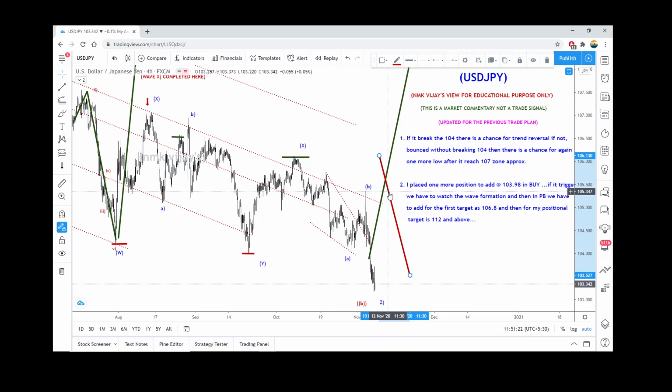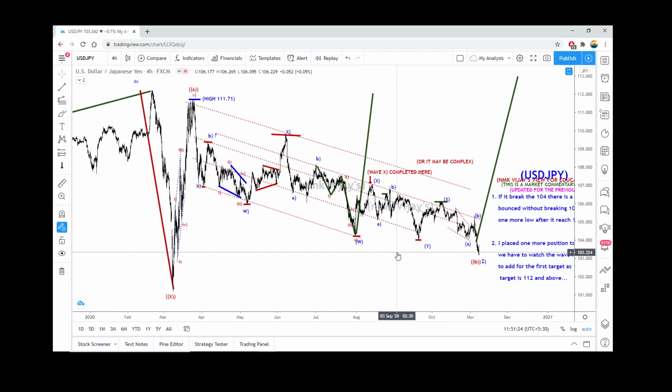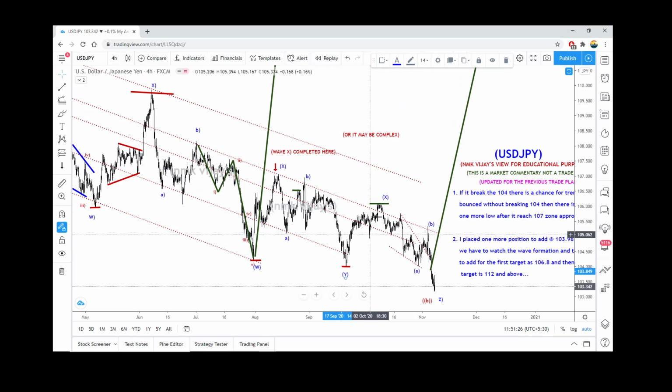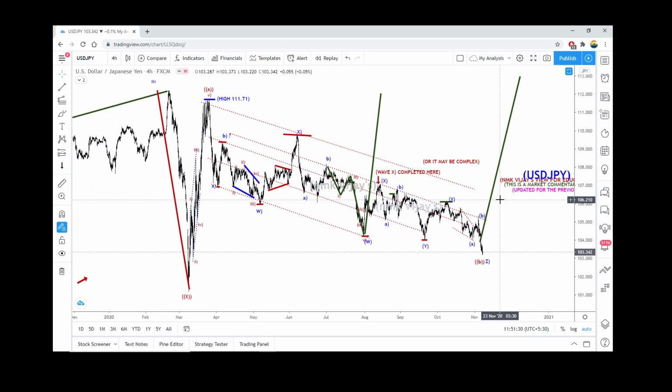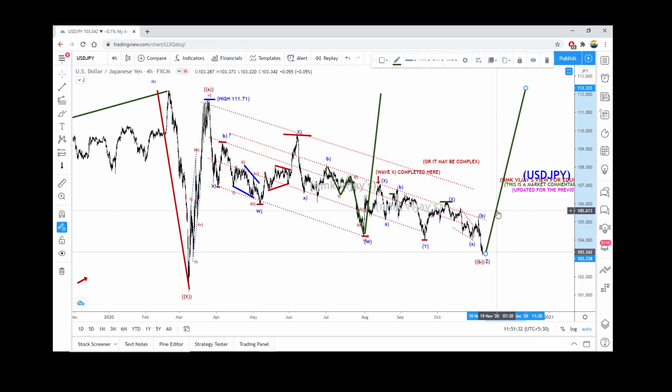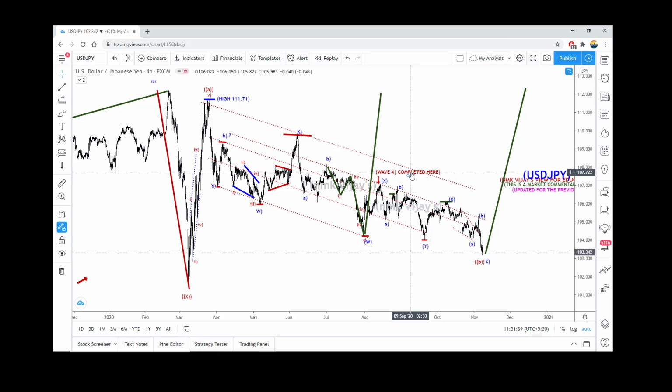So what I am expecting now is a clear conclusion here. So no more confusion for me. From here itself it has to bounce. So yeah, that is perfect.